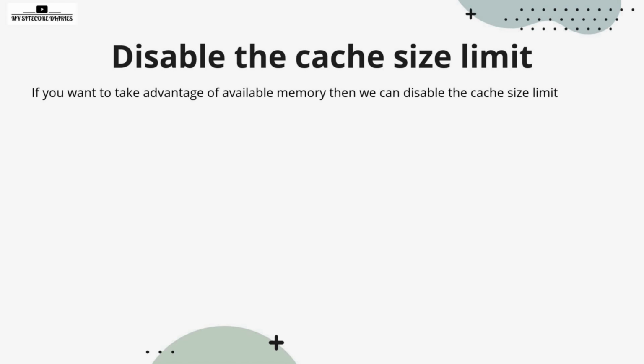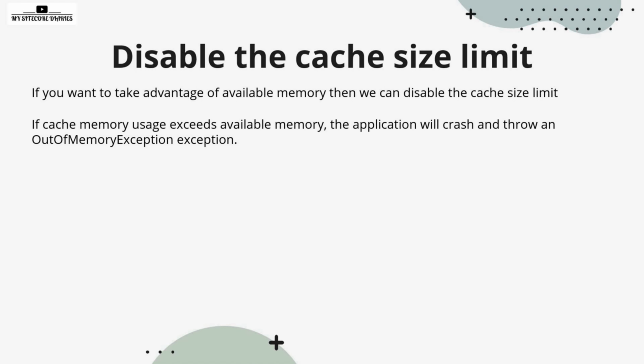If you want to take advantage of available memory, then we can disable the cache size limit. What it means is, if you have a lot of memory in your server and you want to utilize that memory, then you can disable the maximum memory, that is, disable the cache size. If the cache memory usage exceeds available memory, the application will crash and throw an out of memory exception. So this is the disadvantage of doing this.